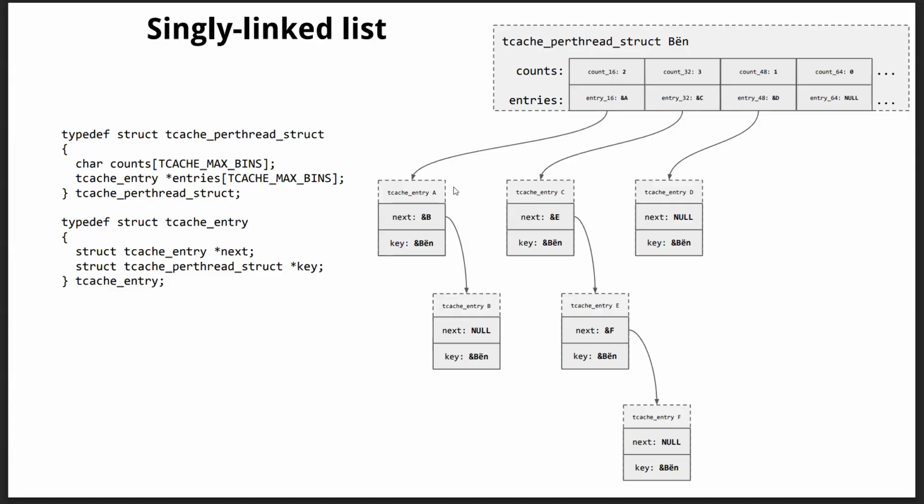So let's say this malloc chunk serves 16 bytes. The entry may point to this one, and this one has another pointer that points to the next available malloc chunk. They also have a second pointer, which is called the key, to point back to this per-thread structure.